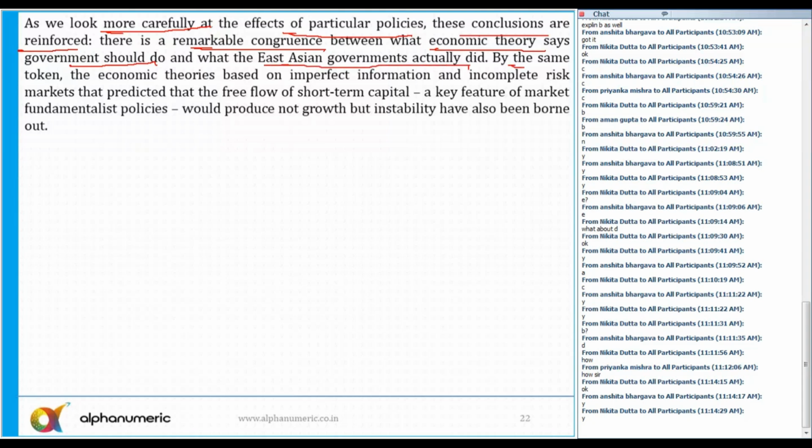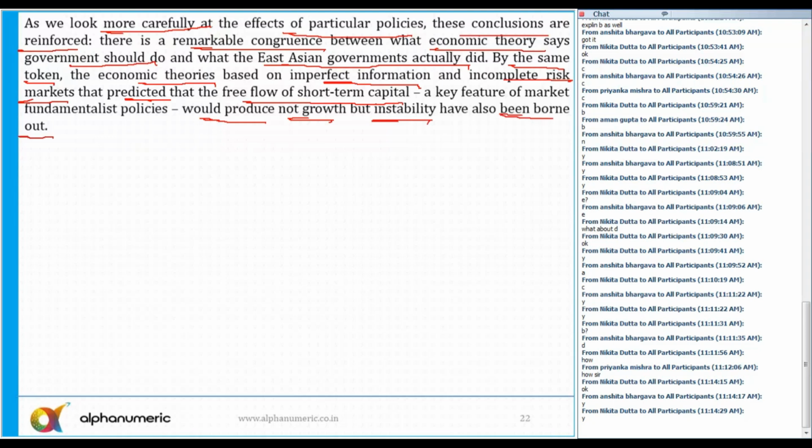By the same token, economic theories based on imperfect information and incomplete risk markets, which predicted that the free flow of short-term capital will produce not growth but instability, have also been borne out.